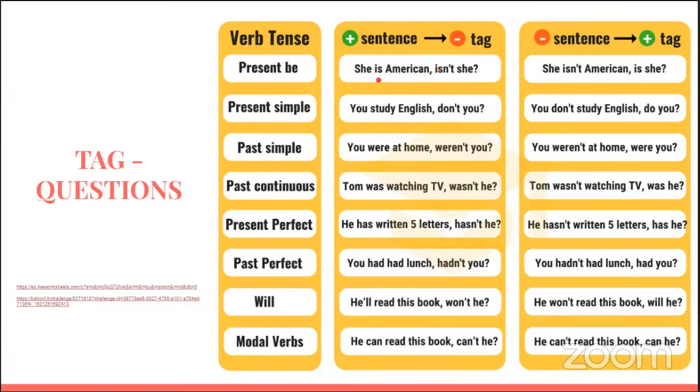Well, the time and the tense, I'm going to be identifying by reading the sentence and basically identifying the auxiliary verb, right? If I see here that is with the verb to be, my tag must be also using the verb to be. If here I don't have a verb to be, I have a verb, I cannot use is, right? Because we are talking about the present simple with do and does.